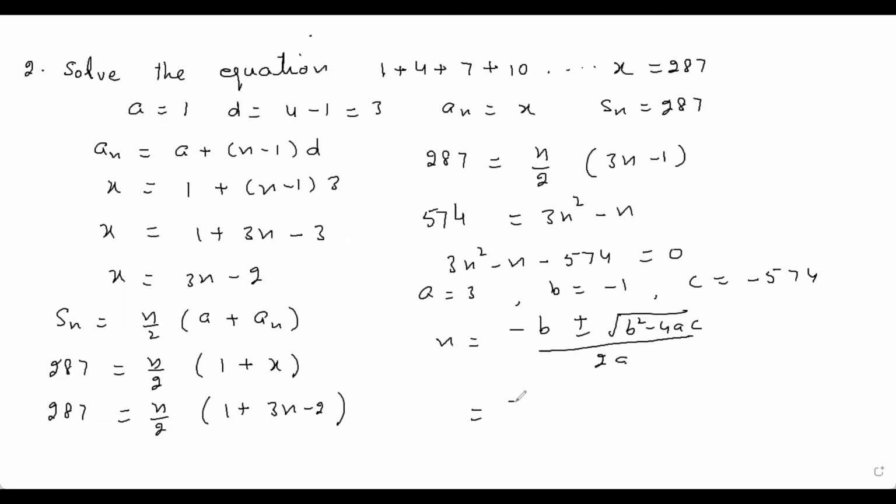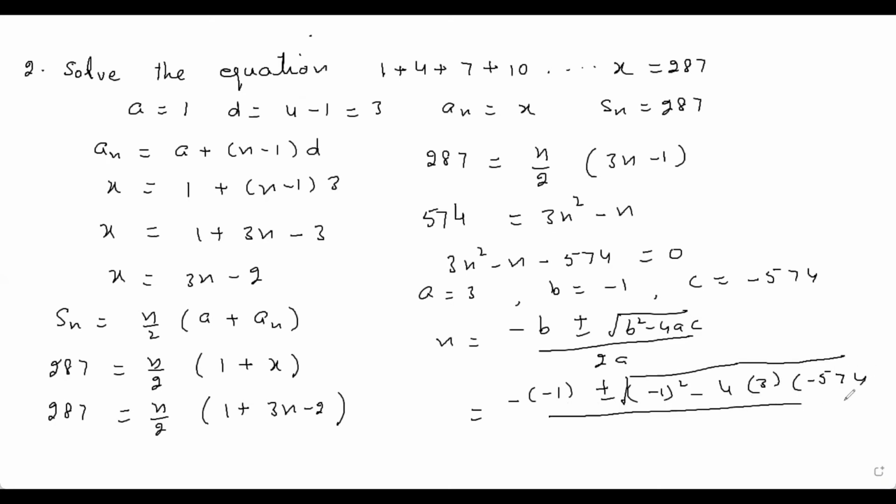This is equal to minus of minus 1 plus minus square root of 1 whole square minus 4, a is 3, c is minus 574 upon 2 into 3.